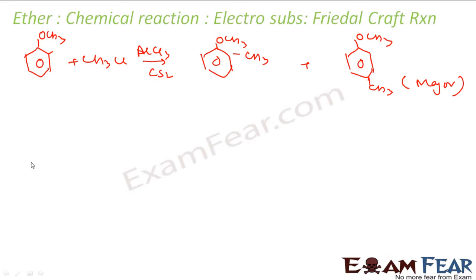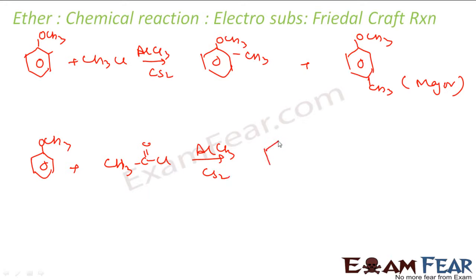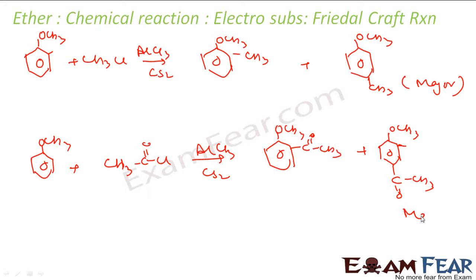Similarly, I have this reaction where I have this OCH3 here, and I can use CH3COCl here. This is acylation in AlCl3 CS2. So here what happens is, instead of CH3, what we add here is COCH3, and here also we'll add ortho position, yeah, COCH3, and this again is a major product.